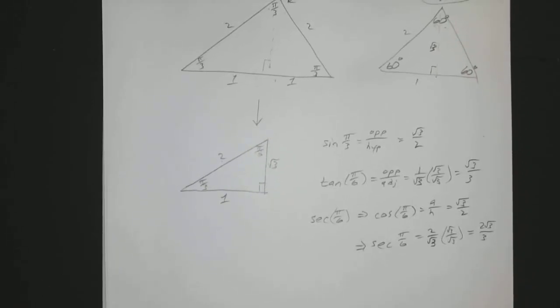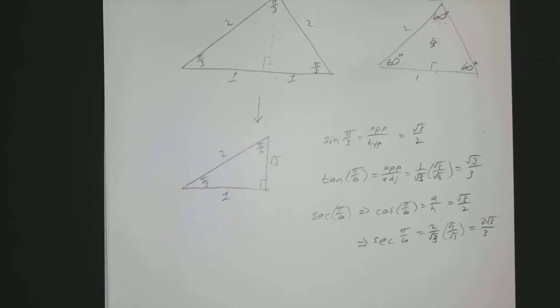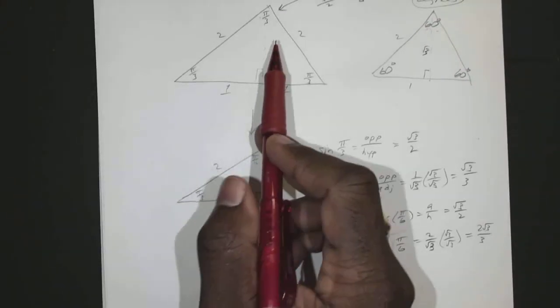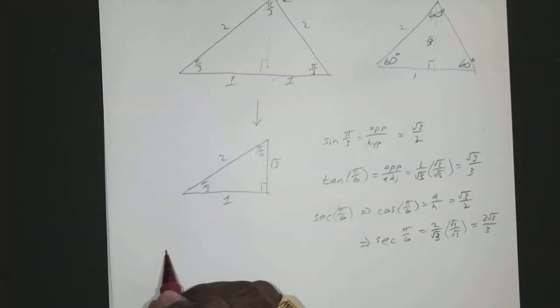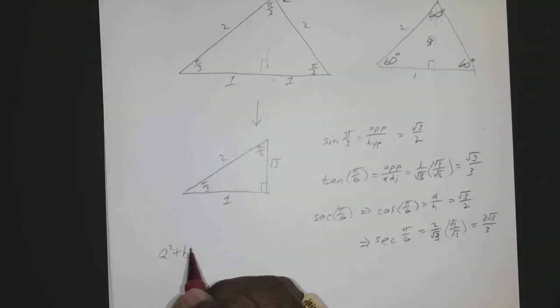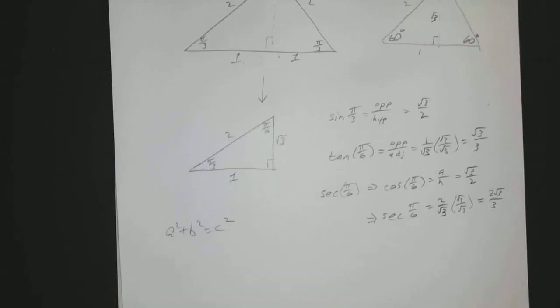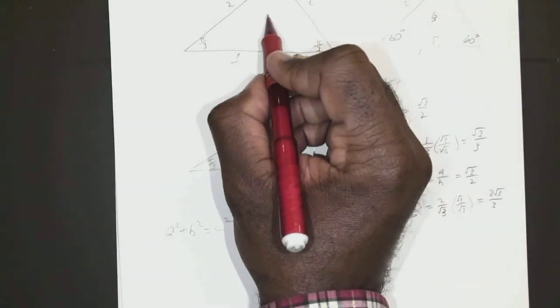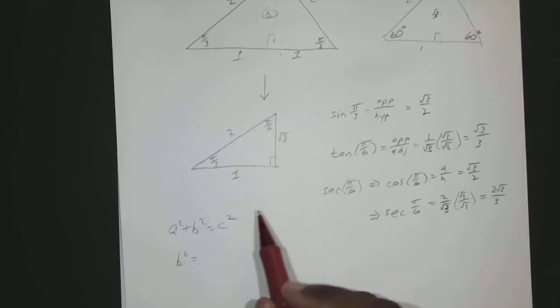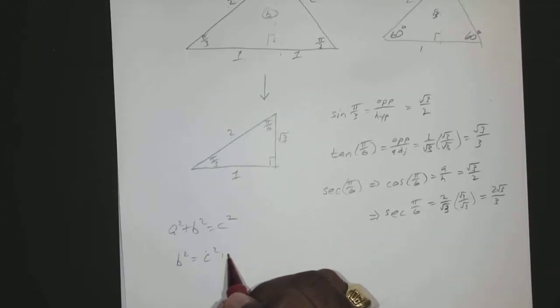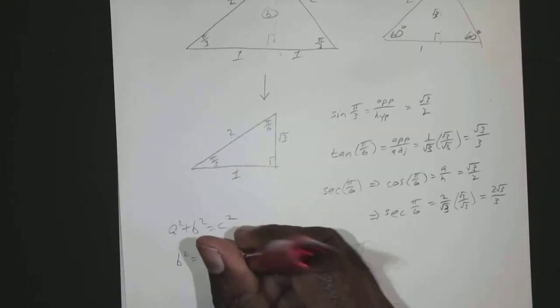All right. Any questions on that one? Yeah. Oh, when we cut this one in half, we had the 1 and the 2. So we had our a squared plus b squared equals c squared. So if this was our side b, that gave us b squared equals c squared minus a squared.